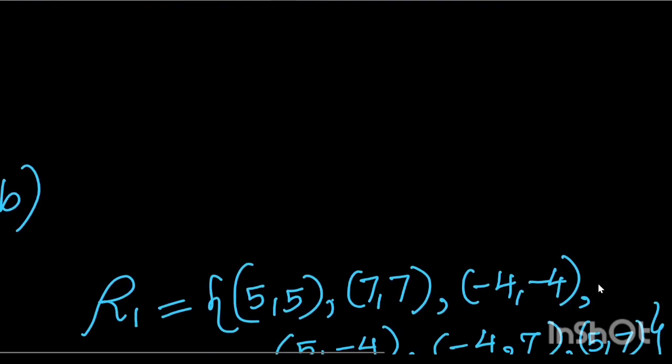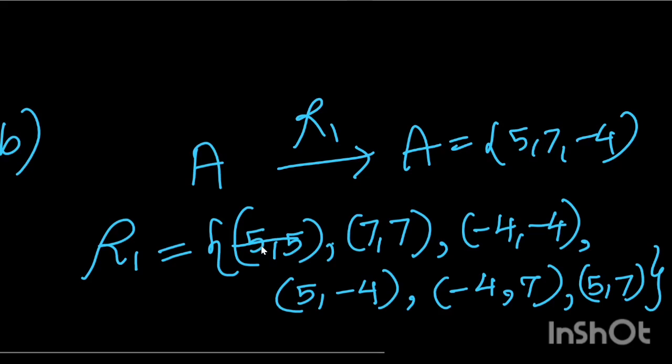Another example of an equivalence relation pertaining to this 5, 7, minus 4. A to A is defined, R1, where A is 5, 7, minus 4. So again, same thing: 5, 5, 7, 7 and minus 4, minus 4 is there, so the reflexive condition is met.